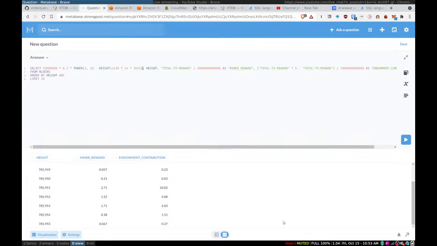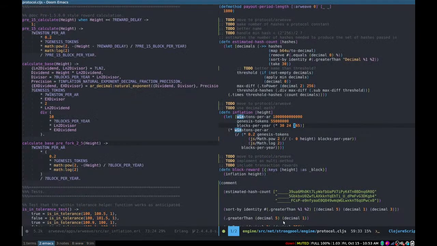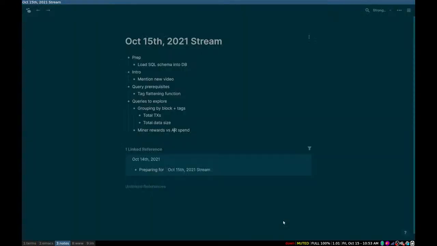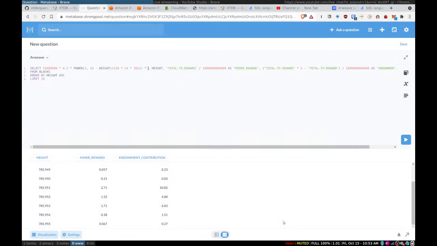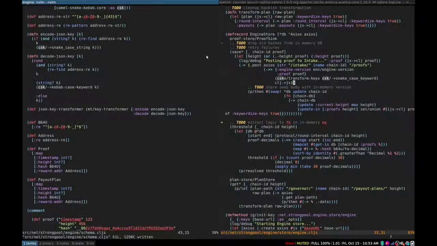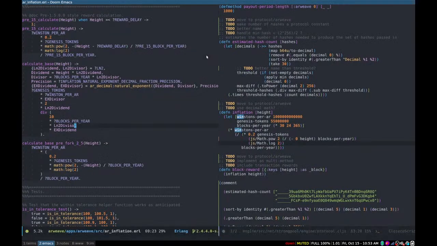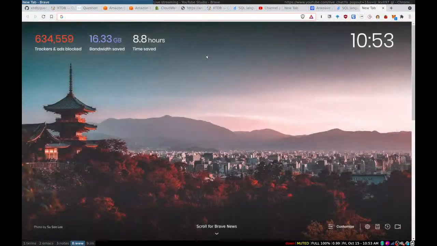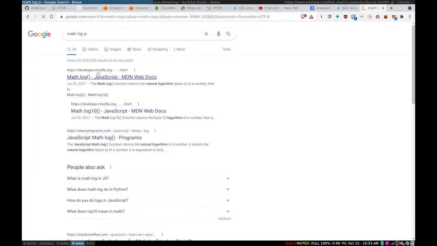Really hope I get this right the first time, because I don't relish debugging this thing. Okay, and then the log, is that just regular log, right? What does our ln2 math log.js?